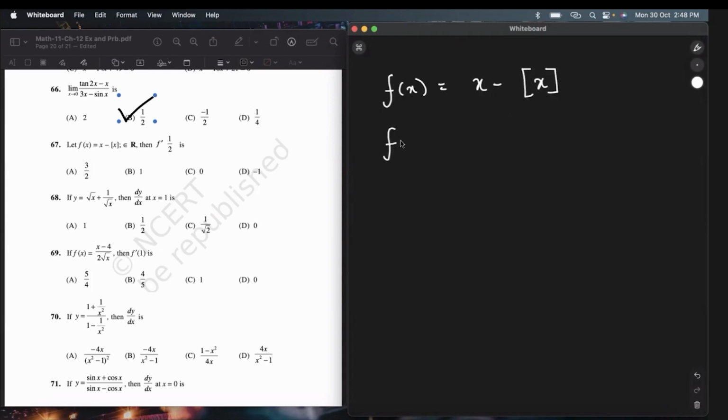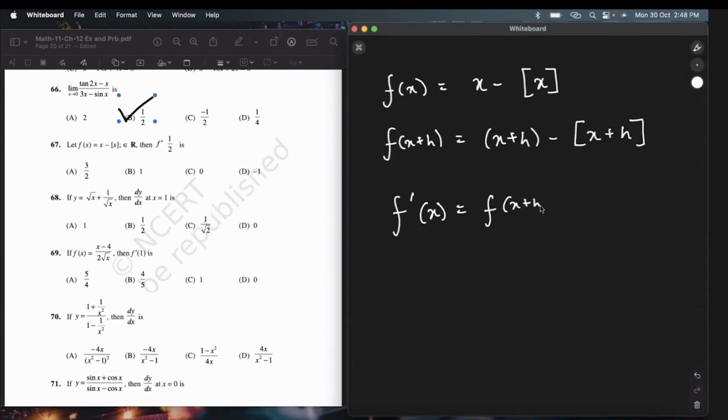Now, if I need to find f(x plus h), it will be x plus h minus GIF of x plus h. Now, if I need to find f dash x, what is the formula? I hope you remember it. It is f(x plus h) minus f(x), divided by h, for limit h tends to 0. This is the first principle.